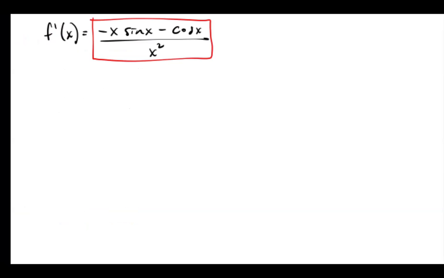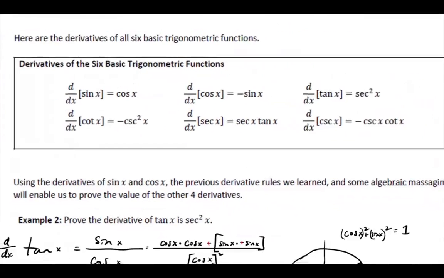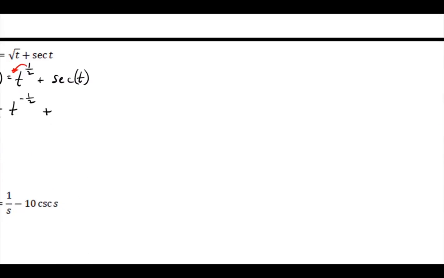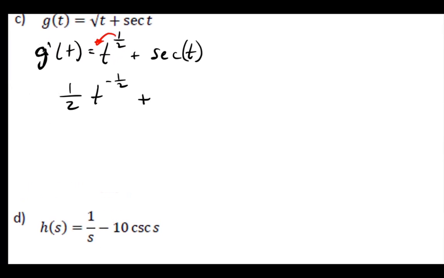Well, I go to my list and I see that the derivative of secant x is secant x tangent x. I didn't use x's on this one. I have t's. So I'm going to put secant of t times tangent of t.